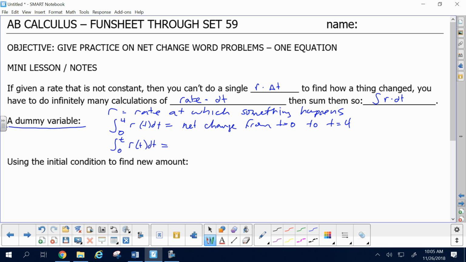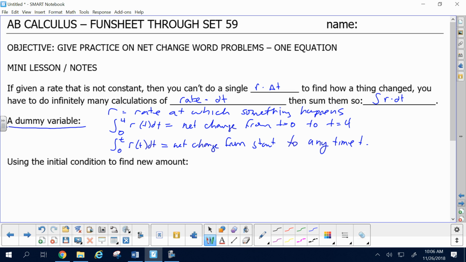If I did something like that, that would make sense then that it would be, instead of net change from time 0 to time 4, net change from starting point up to any time. You with me? And depending on when I put that ending point, 4 seconds, 5 seconds, it would be different amounts of problems done, whatever the case. You with me so far?